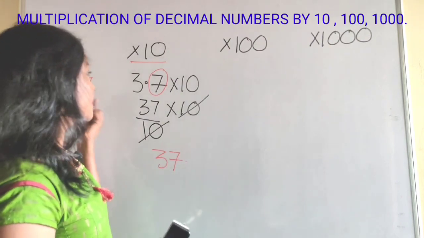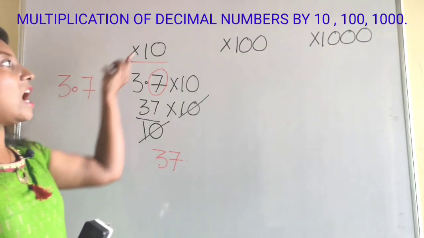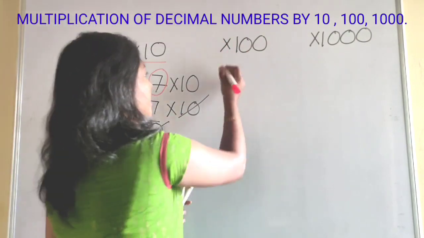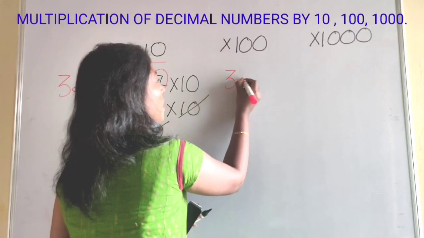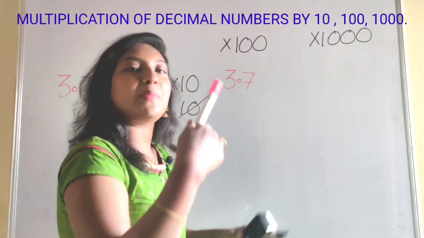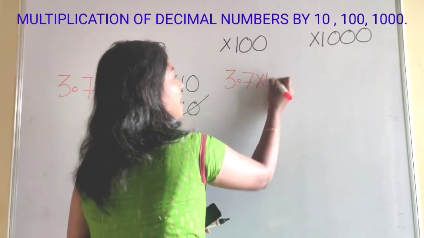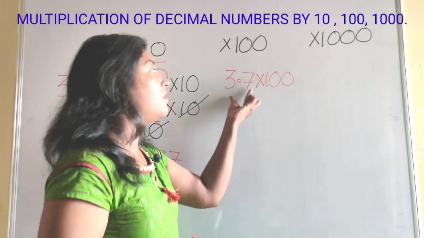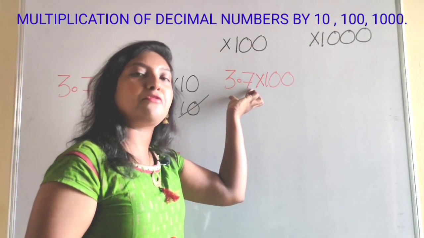Now, we are going to see the same decimal number, how we can multiply it by 100. What is the number here we have? That is 3.7 and now I am multiplying this by 100. Here also we are going to apply the same process. First of all, we have to remove the decimal point from the number.